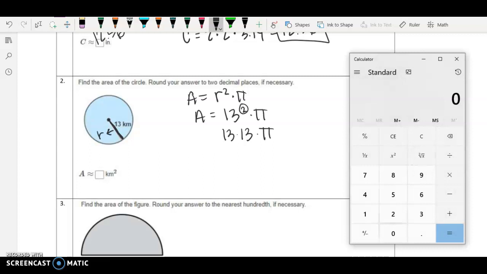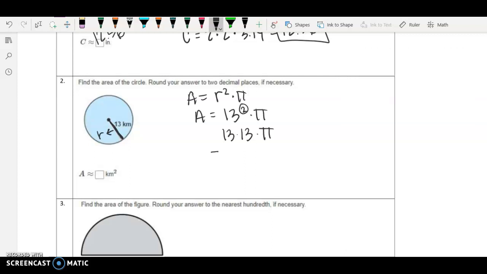So we have 13 times 13 times 3.14 equals 530.66. So that is my answer. We don't have to round this one either because it's already giving us 2 decimal places, and that's what we want our answer to be in.